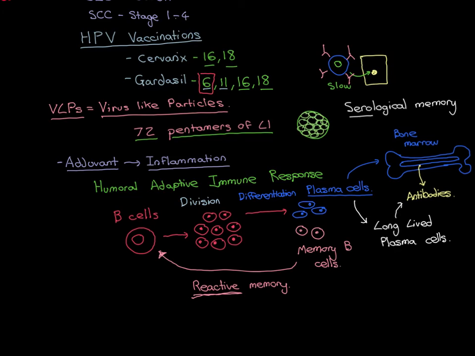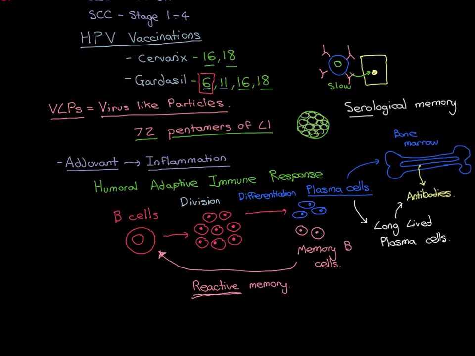And of course, 6 and 11 most definitely cause genital warts in boys as well. So if we vaccinated boys against those, we'd be able to stop genital warts in boys as well. So there is a lot of talk about boys being vaccinated with these at the moment as well. But at the moment in the UK, I think it's just routinely given to girls between the ages of 12 and 13.